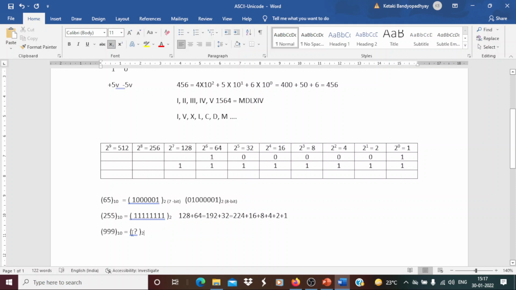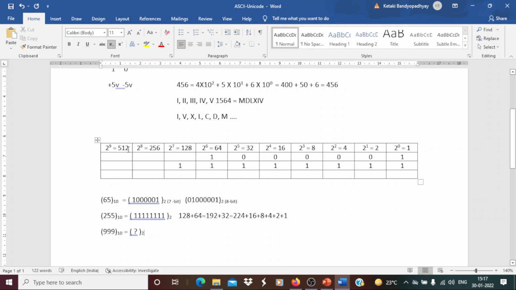For example, if you take 999, please remember that you can increase this particular scale infinitely. Suppose I have taken up to 2 to the power 9, so the maximum number it can represent is up to 1024, that is 512 into 2.